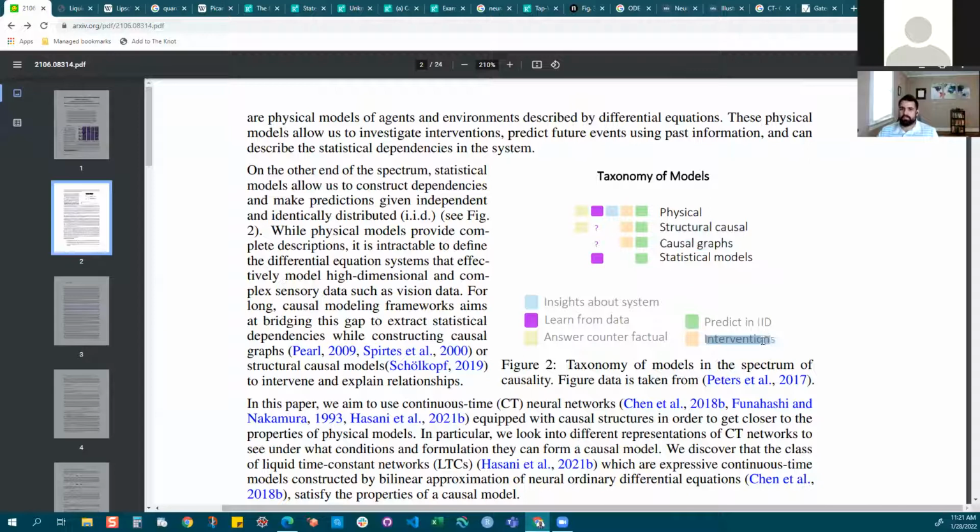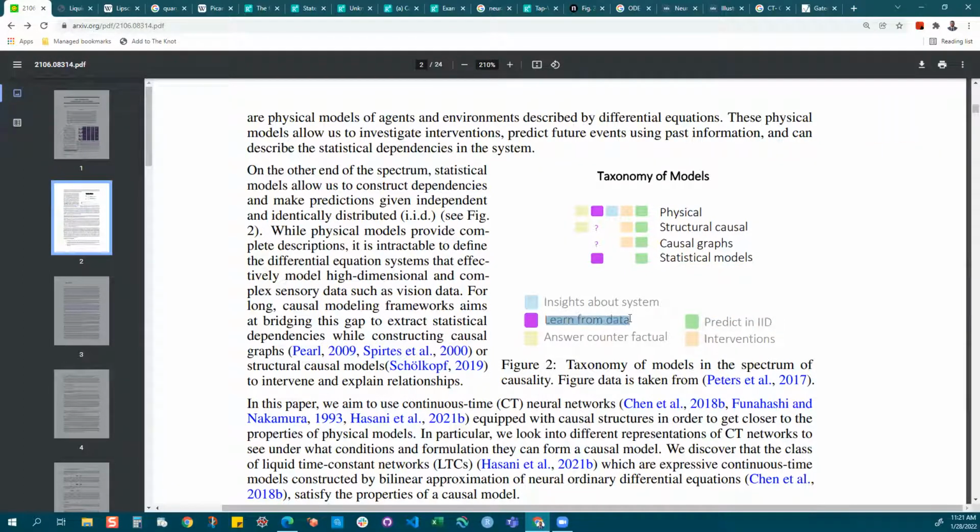Whenever we have interventions, we can infer causality, but we cannot answer counterfactual questions. And then there are statistical models that can only predict in IID and also learn from the data. We cannot have any interventions, and they cannot give us insight about the system or answer counterfactual questions.